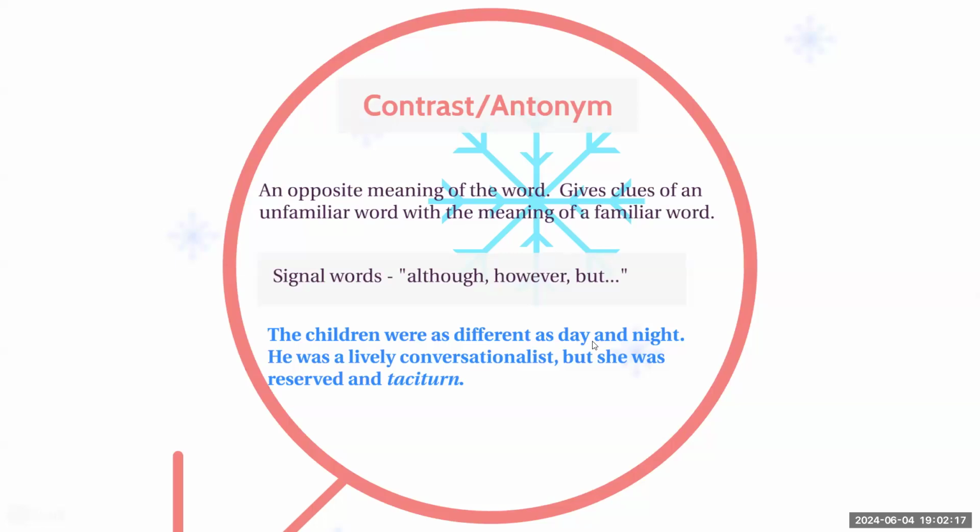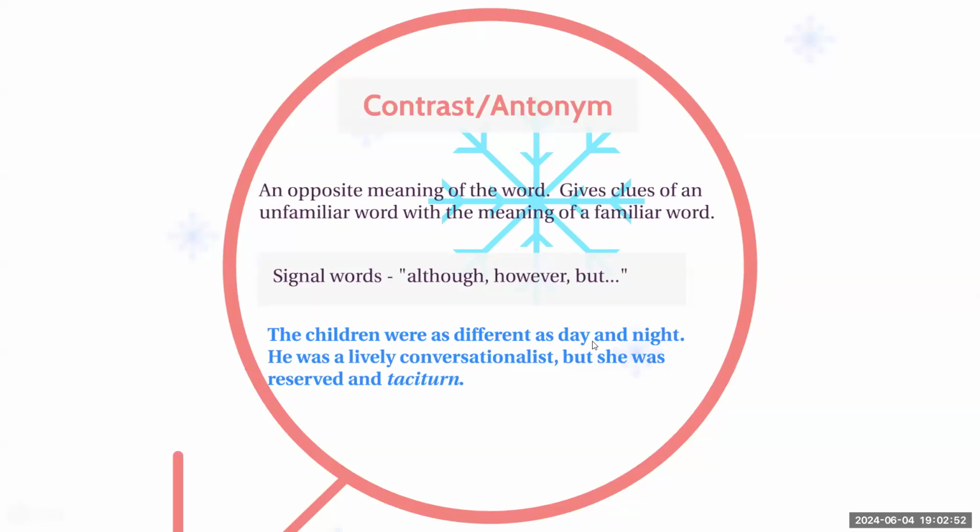So the first one, how is he like? He's talking all the time. He's talkative, yeah. He's lively, he has a lot of energy, and he's a conversationalist. He talks a lot. But she, right? This is the different child, right? Yes. But she was reserved and taciturn. So what's the opposite? Exactly, shy, right?